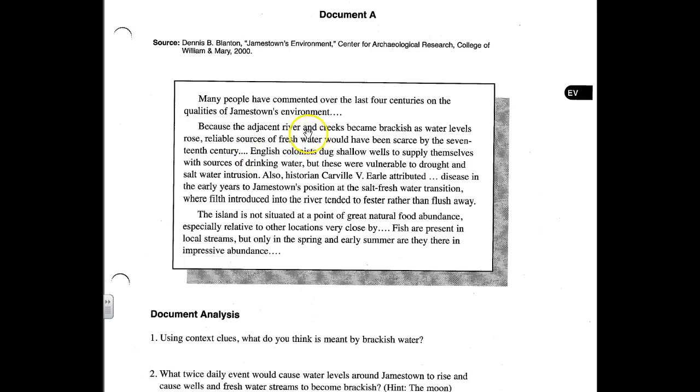Because the adjacent river and creeks became brackish as water levels rose. Now maybe a hint for you: what is going to cause the water level to rise near the rivers and creeks? That might be a hint to the definition of the term brackish.